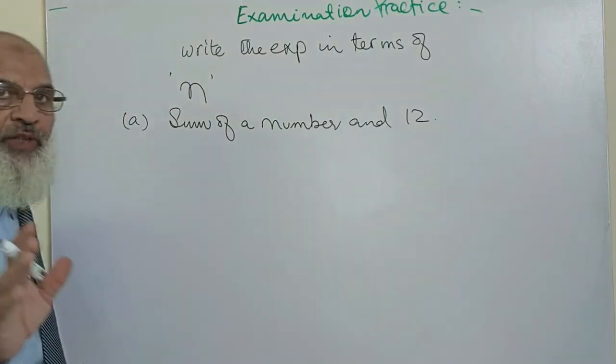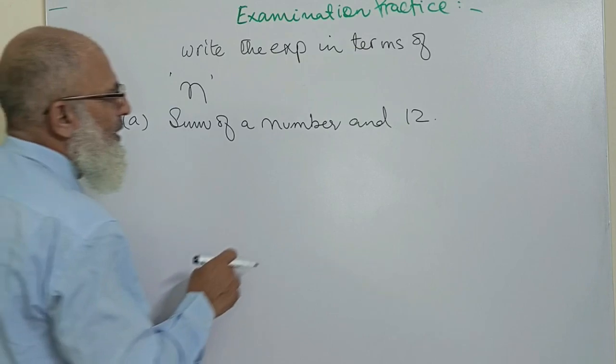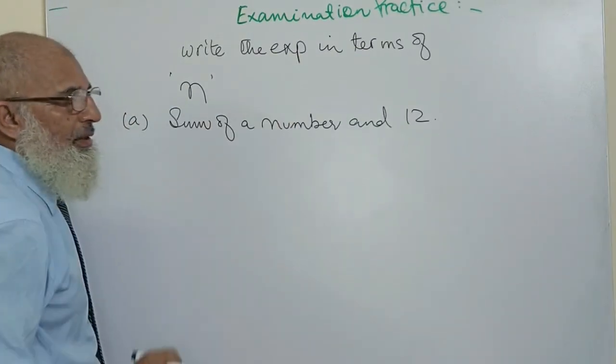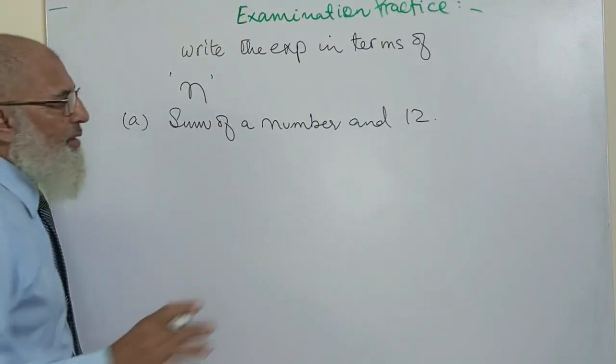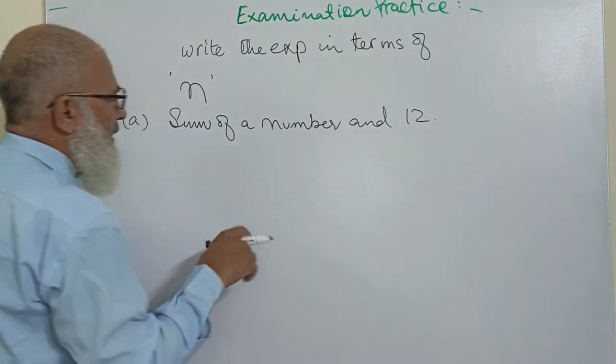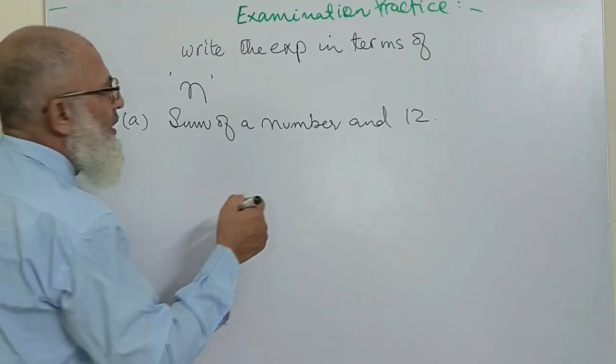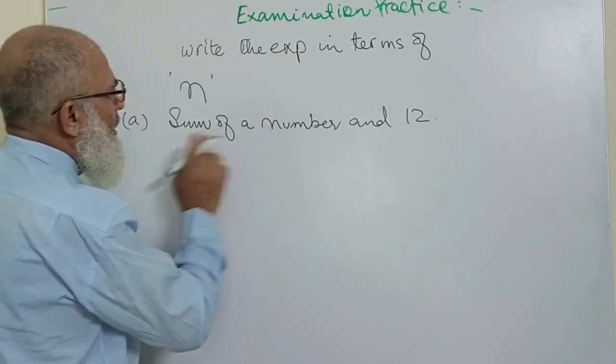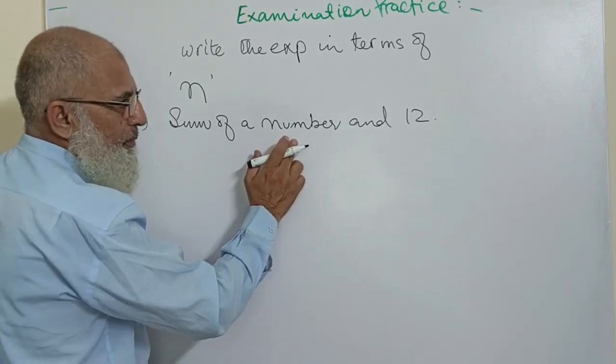Now you must know very well what the expression is. I don't have to repeat the expression and the terms for you at this stage of the lecture. So, sum of a number.